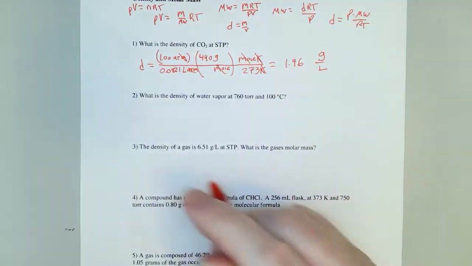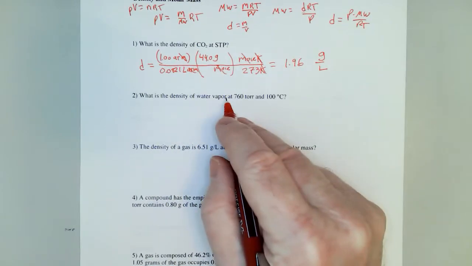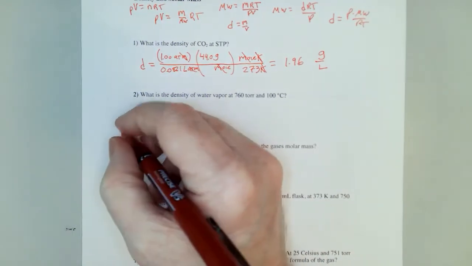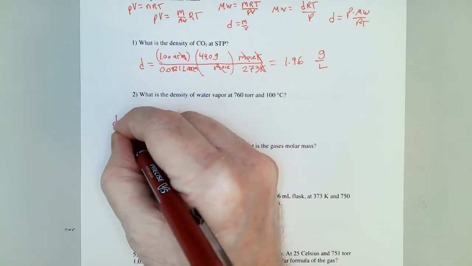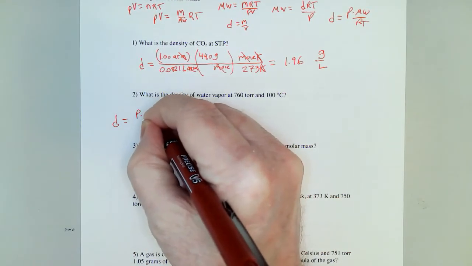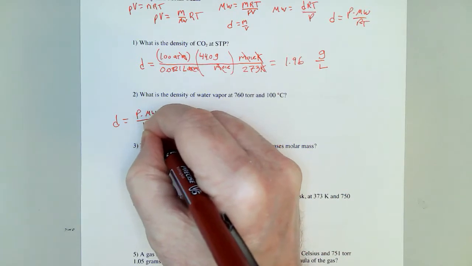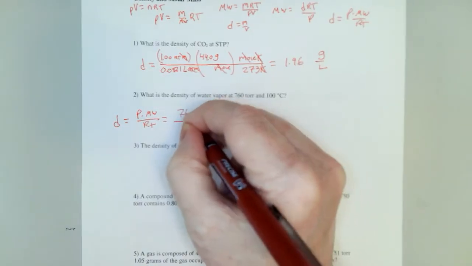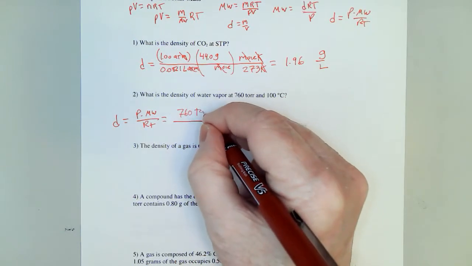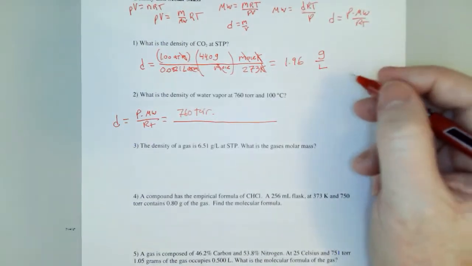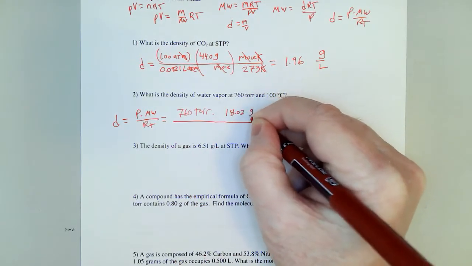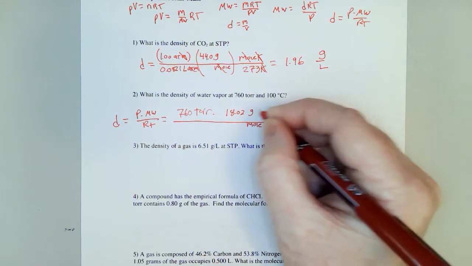All right, and this comes out to be 1.96 grams per liter. Okay, so now, how about the density of some water vapor at 760 torr and 100 degrees? Density is still equal to pressure times molecular weight over RT. The pressure is 760 torr times the molecular weight. Well, for water, that is 18.02 grams per mole.